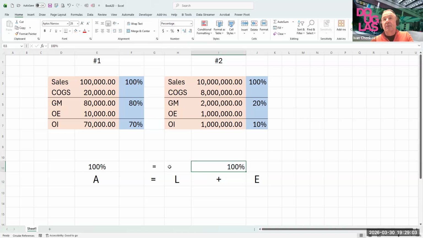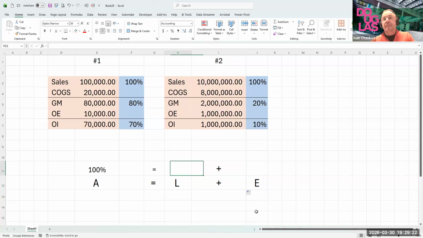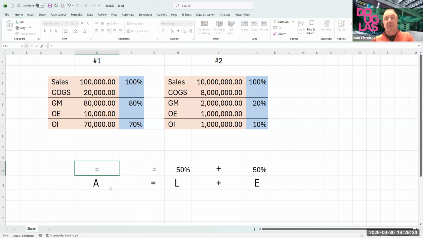Make sense? So when somebody asks you, what's the capital proportion of your company? Well, which one is the capital? Capital is your assets. How much is your capital? 100%. So what kind of options do I have on the other side of the equation? I have 50-50, because 50 plus 50 gives me 100.